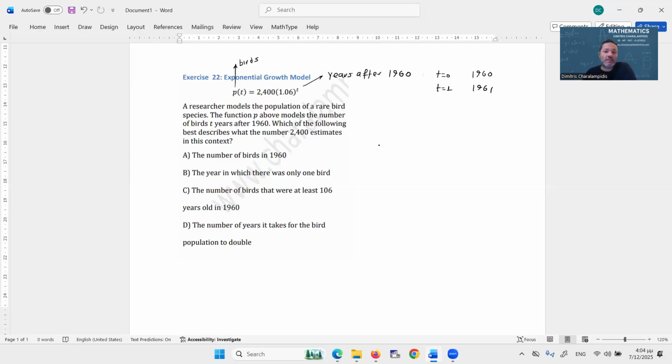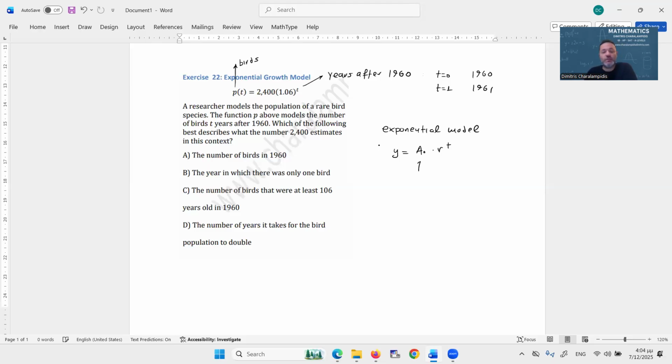Which of the following best describes the number 2400? We know from theory that an exponential model is always expressed in this form: a times r to the power of t.